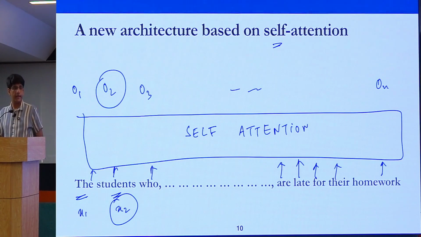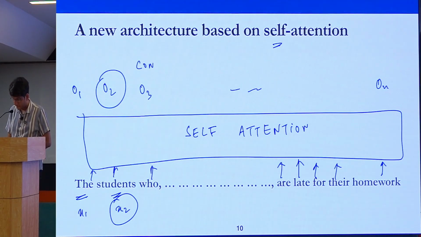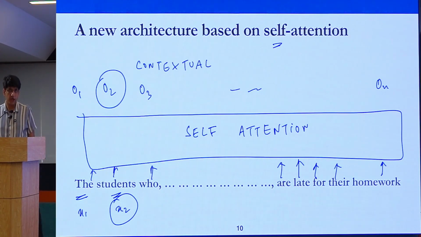So is this point clear that this representation O2 is highly contextual? If this was a word like apple, by the context it would have figured out whether we are talking about the fruit or the company.